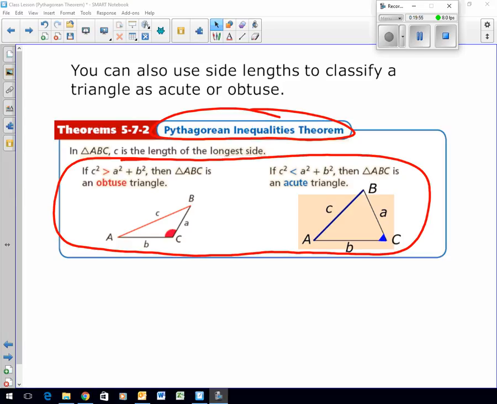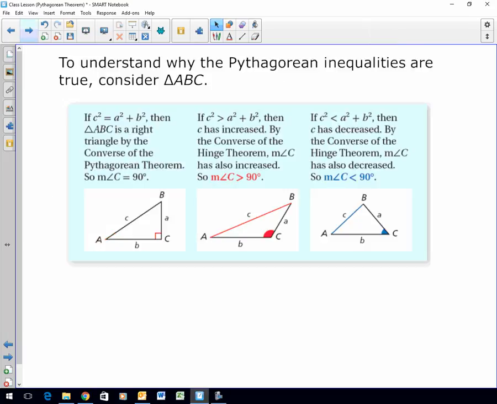Okay? It's actually not that bad. It's the first time thinking of it this way, so it's kind of fuzzy right now. But you can classify triangles just based on that information. You can look at the side lengths of the triangle, determine A squared, B squared, C squared, and that will give you the information.